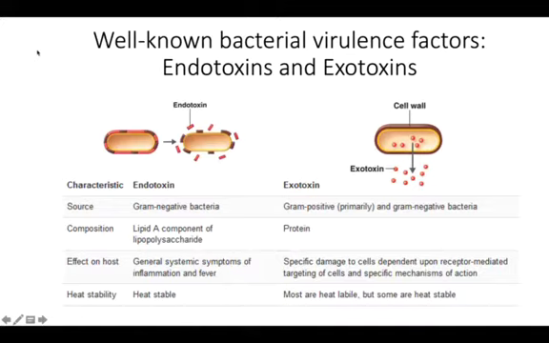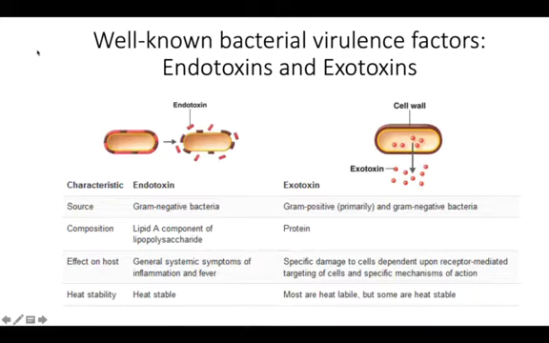Okay, the characteristic of the endotoxin is that they're usually gram-negative bacteria. Their toxin is lipid A, component of the lipopolysaccharide. So remember that LPS, that lipopolysaccharide, that's in the outer membrane of the gram-negative bacterial cell, well, guess what?